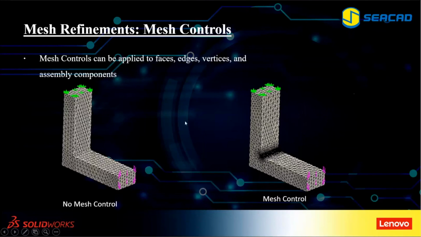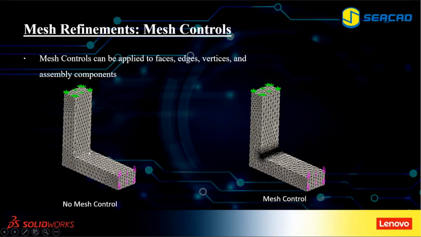Then the next one, the third topic I want to introduce in this webinar, is mesh refinement, which is the mesh control in SOLIDWORKS Simulation. We use mesh control to refine the mesh in the area of interest in your geometry. For example, take this L bracket, at this corner.